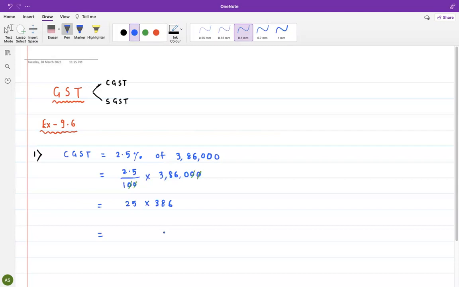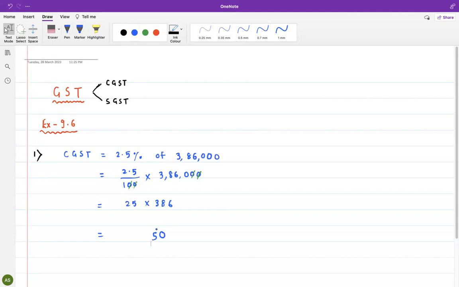So 25 times 6 is 150. So 15 carry. 25 times 8 is 200, 200 plus 15 is 215, 21 carry. 25 times 3 is 75, plus how much carry forward was there? 21, right?